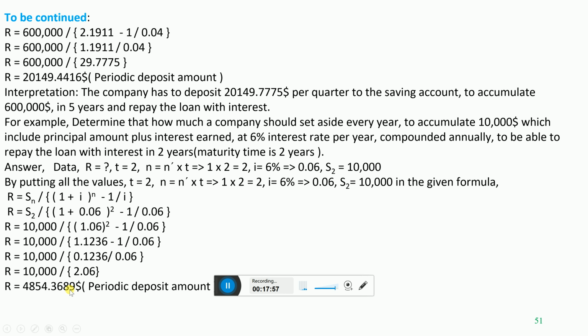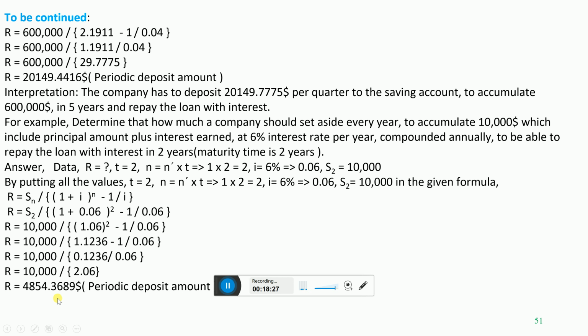What is the interpretation? The interpretation is this: when the company deposits $4,854.36 every year in the saving account at 6% annual interest rate, the company will accumulate $10,000 in its saving account to be able to repay the $10,000 loan.